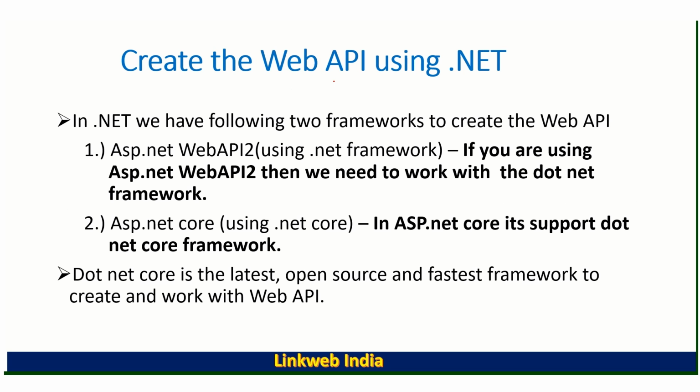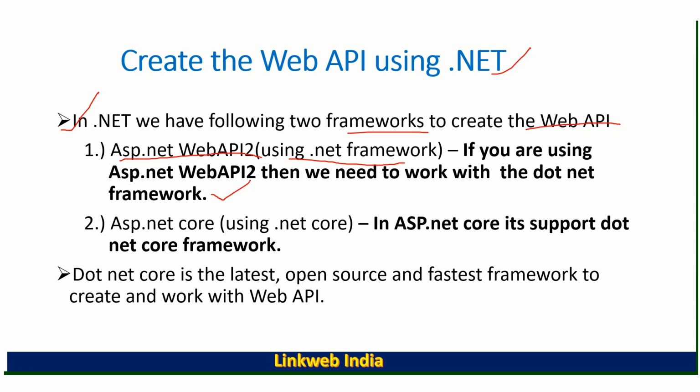Create a web API using .NET. In .NET we have the following two frameworks to create web APIs. First one is ASP.NET Web API using the .NET Framework. If you are using ASP.NET Web API, then we need to work with the .NET Framework.